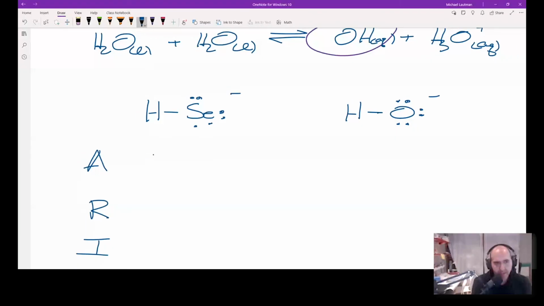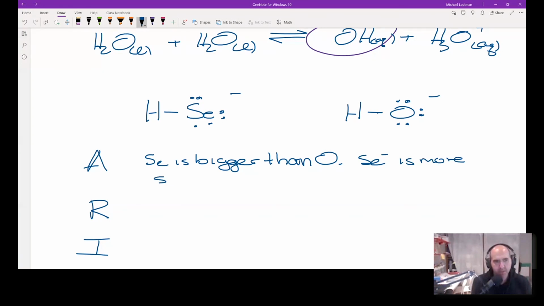So Se is bigger than O. Se minus is more stable. That's it. Then the discussion's over. If I found a difference at the level of the atom carrying the charge, then I stop.